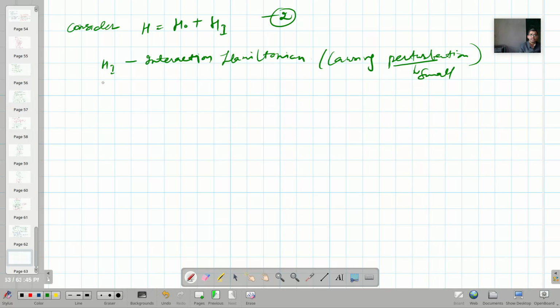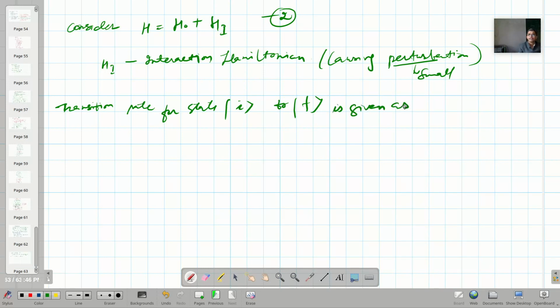Therefore the transition rate for state I to f is given as, according to equation number 1, w is equal to, and sometimes it is represented like this, 2 pi mod square times rho ef.